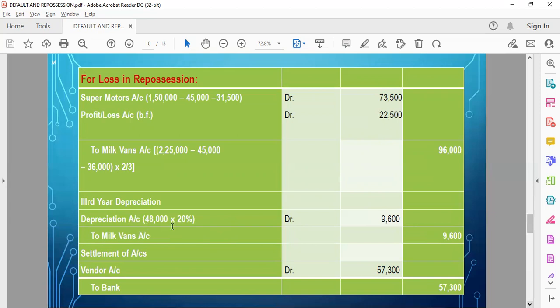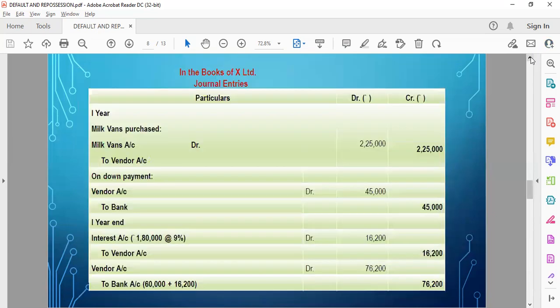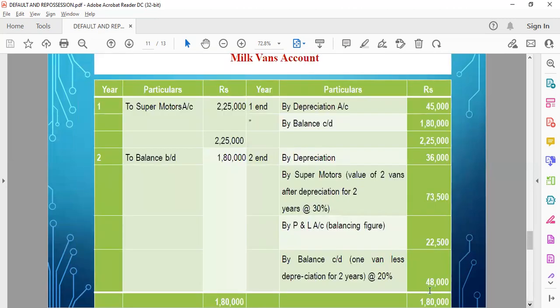Depreciation account debit to milk vans account. For the next year, how much is the cost of the milk van with us? Only 48,000, already explained.